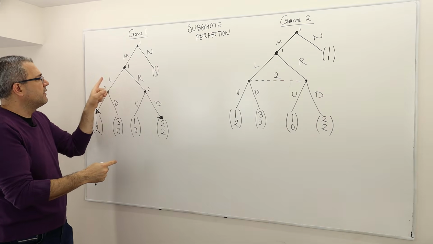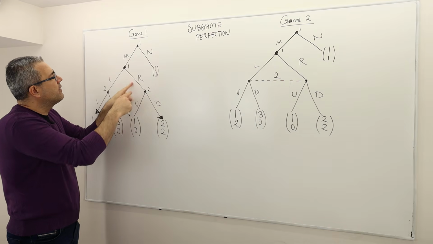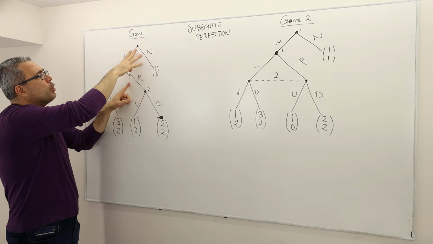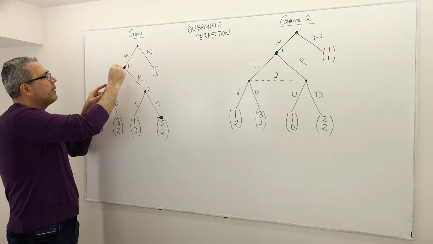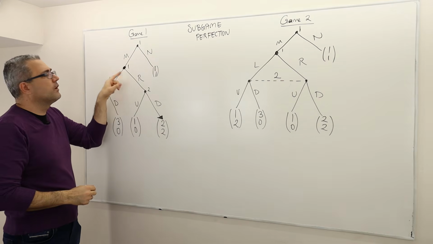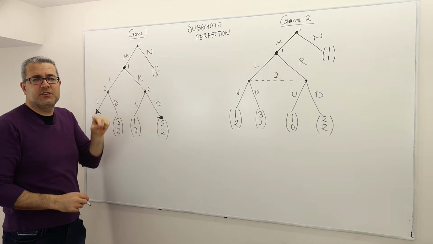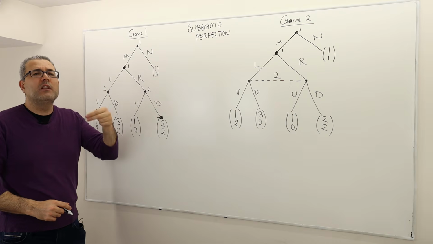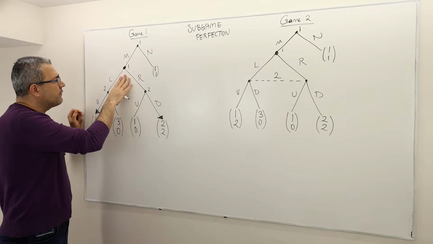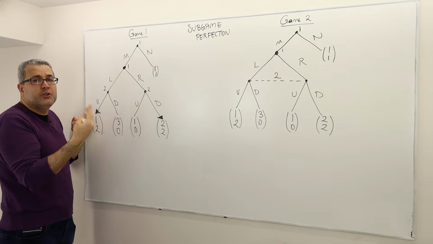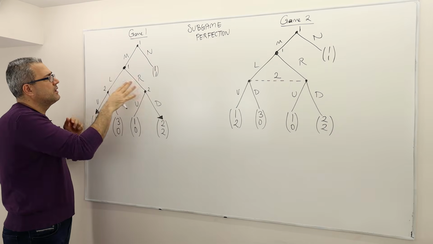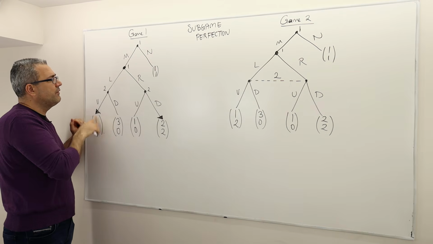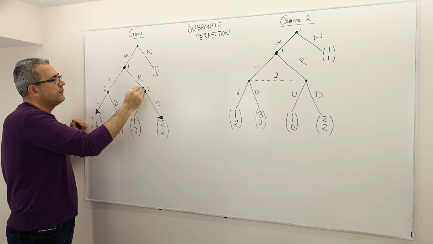So right is better than left. But I also have another option. For now, do not worry about that, because I am only considering what player one chooses at this particular decision node. So when you find optimal decisions, go one decision node at a time. In this decision node, player one has two pure strategies available, and clearly right brings him a higher payoff than left, so he's going to go for right.